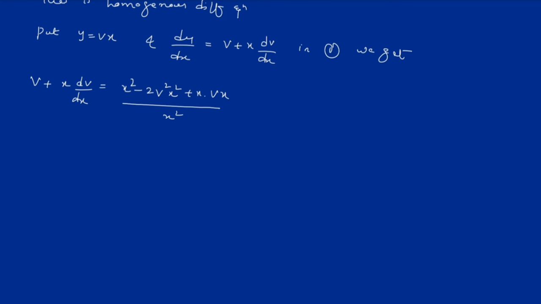So again here, by taking x square common, inside we get 1 minus 2v square plus v, the denominator x square. This gets cancelled, only what we get is 1 minus 2v square plus v.